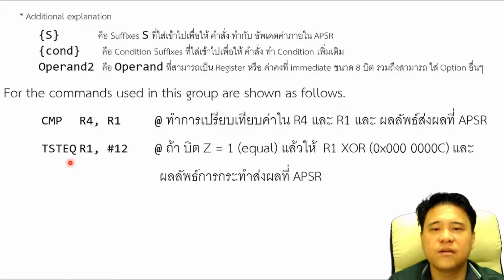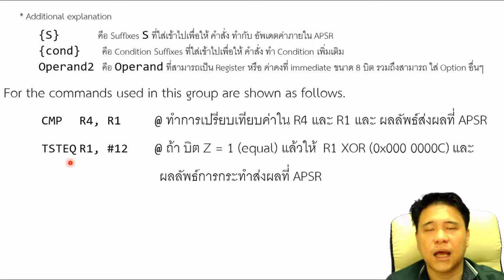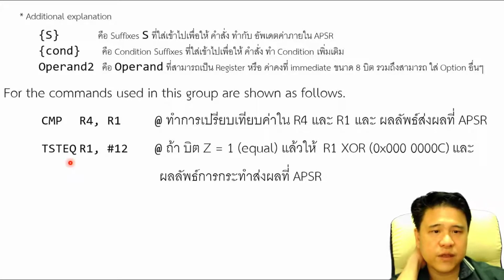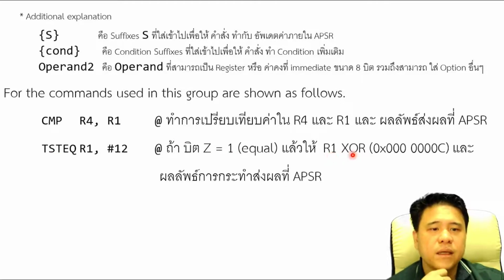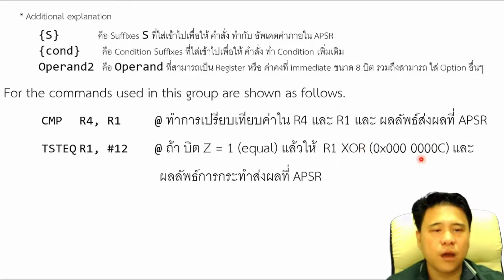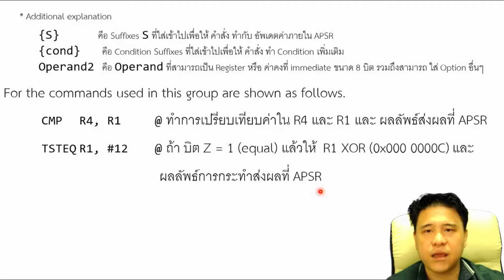First of all, you find out these conditions, right? EQ is equal, so you do this operation when it is equal. If it's equal, what are you going to do? You do R1 exclusive OR with 12, and the output of this will affect the flags in APSR.